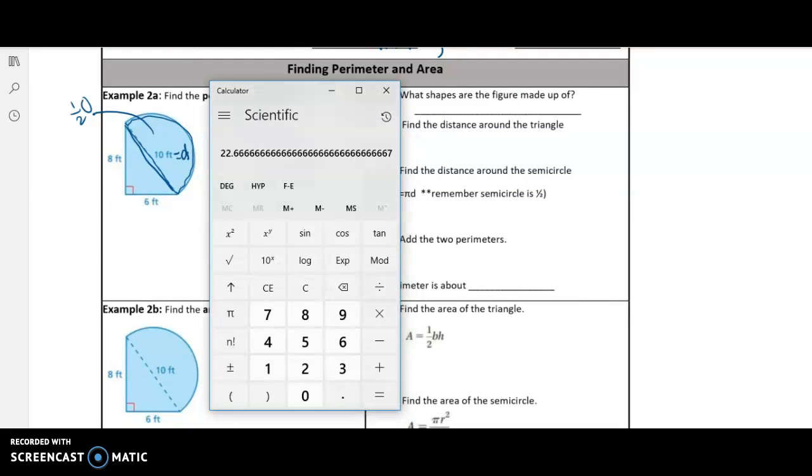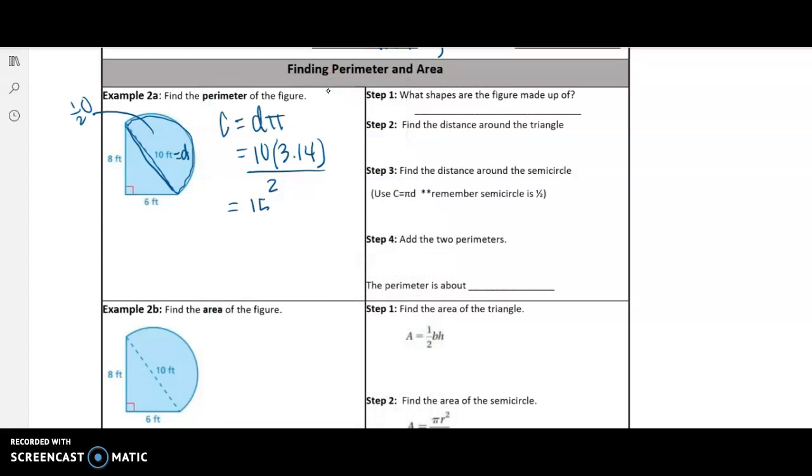And that equals, so we have 10 times 3.14, and then divide it by 2, so we get 15.7. And then for our triangle, we have this length, 8, plus this length, which is 6, so we have 14.